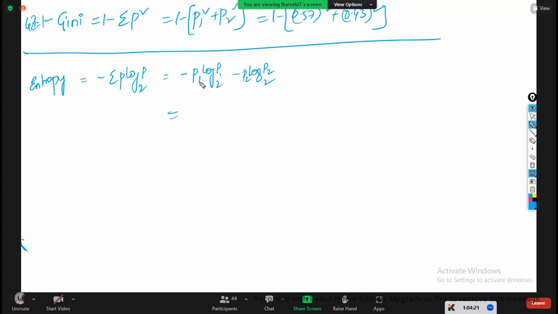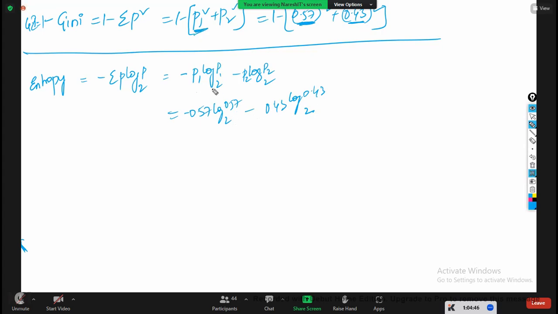Now, what is the P1 value? Same P1 value as earlier. Instead of doing the square, this time you are taking 0.57 log 0.57 to base 2 minus P2, 0.43 log 0.43 to base 2. In the earlier example, you took the P1 square. This time you are taking P1 log P1 to base 2. That's it.